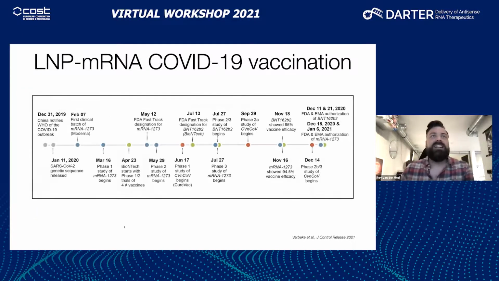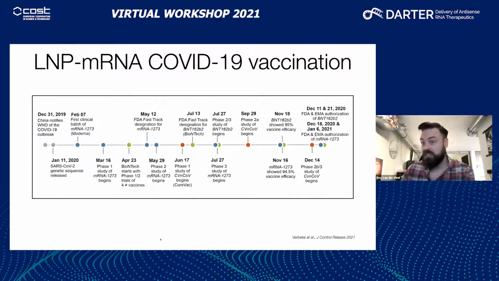Just to briefly highlight, we all probably know this data, but just to show one of the strengths, of course, of a lipid nanoparticle mRNA platform is as soon as you have, let's say, a genetic code of something that you want to treat, the development can go very fast.